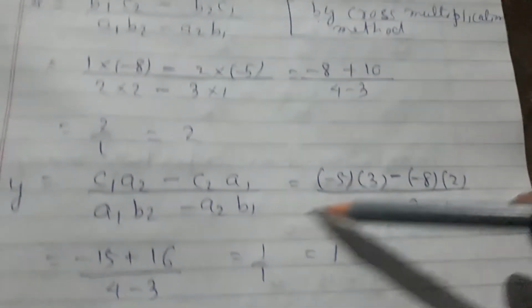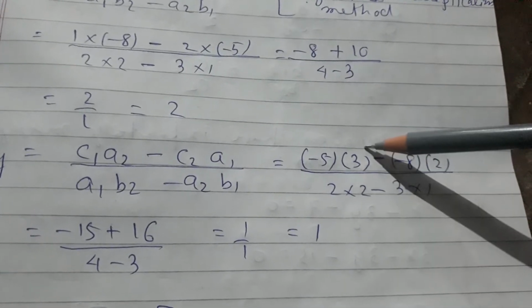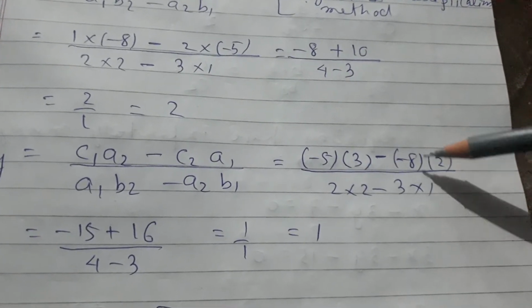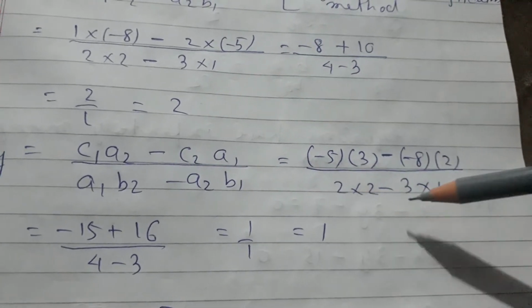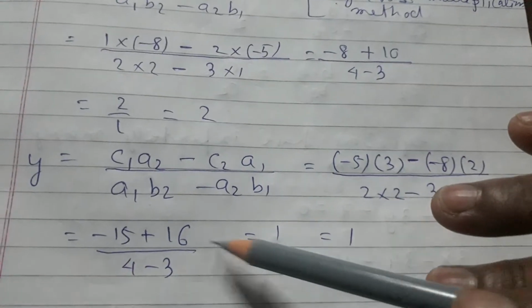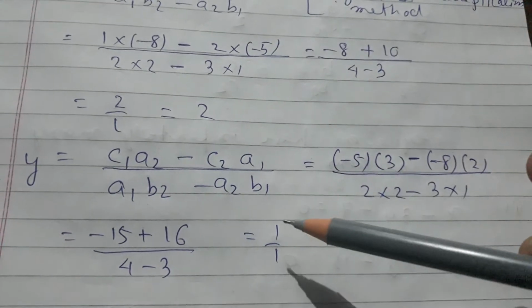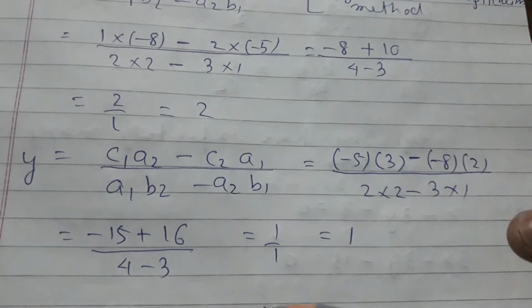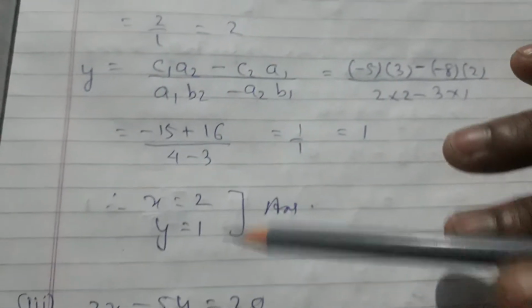Okay. Now you put the values. c1 is minus 5, a2 is 3, minus c2 is minus 8 and a1 is 2. And here also 2 into 2 minus 3 into 1. So minus 15 plus 16 by 4 minus 3. 16 minus 15, 1. 1 by 1, 1. Okay. Now x equal to 2 and y equal to 1.